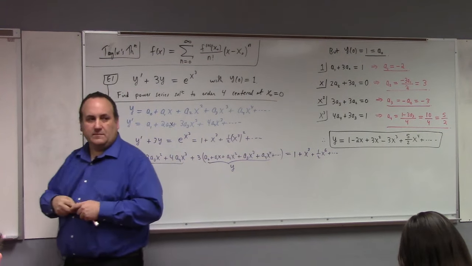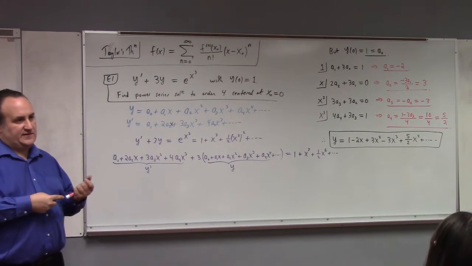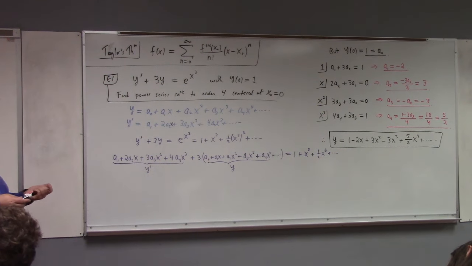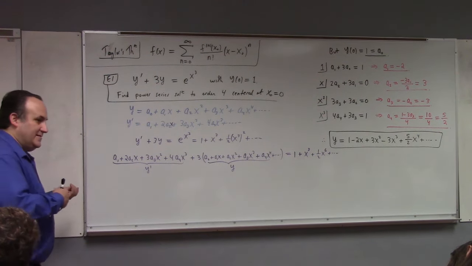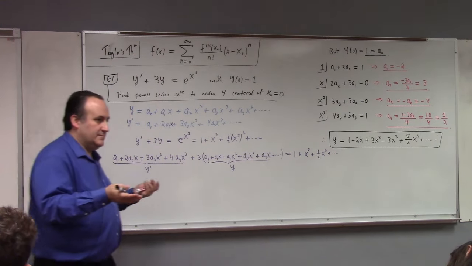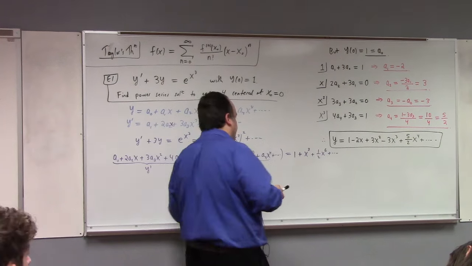No need for undetermined coefficients or annihilator method, right? We're finding the homogeneous and the particular solution all together at once in this method. And the method is, to summarize, very dumb, right? We take a power series, we plug it in, and we work it out. That's it. It's not too bad.